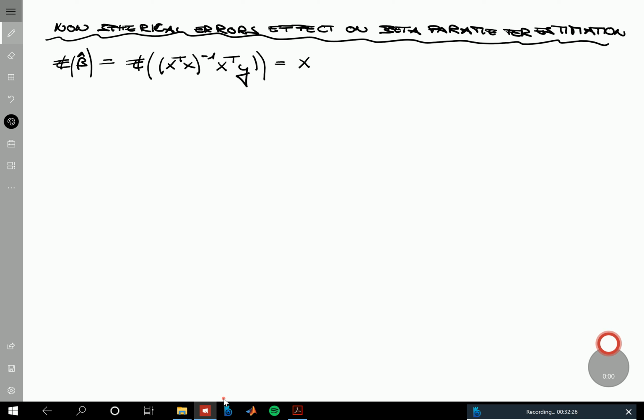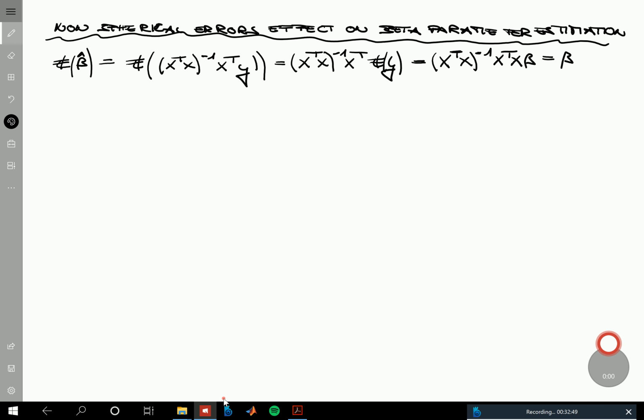With the linearity of expectations, this can be rewritten, and because the expectation of y is the design matrix times the true but unknown parameter value, we get beta.